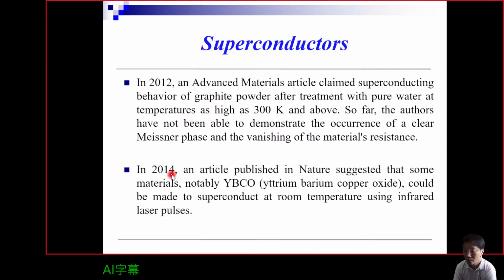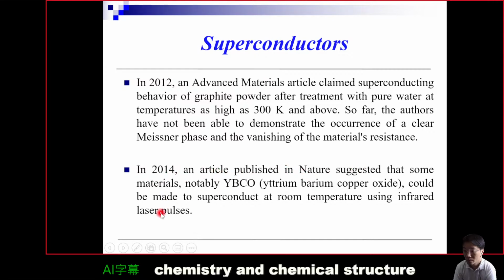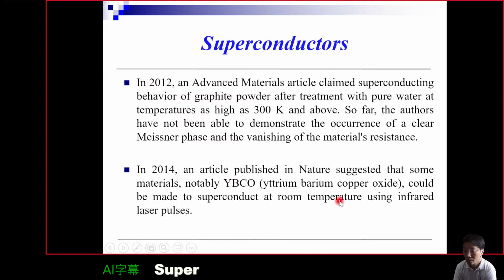And in 2014, an article published in Nature suggests that some materials, notably YBCO, could be made to superconduct at room temperature using infrared laser pulses.